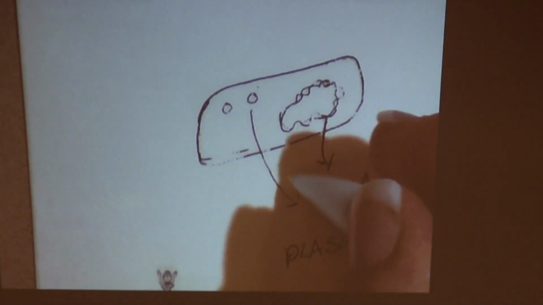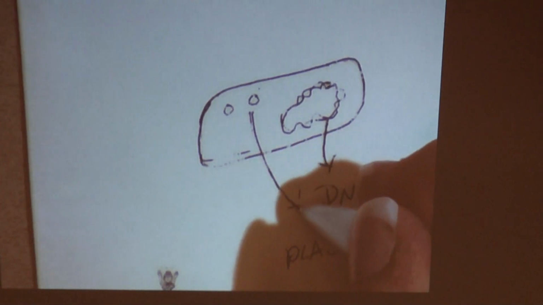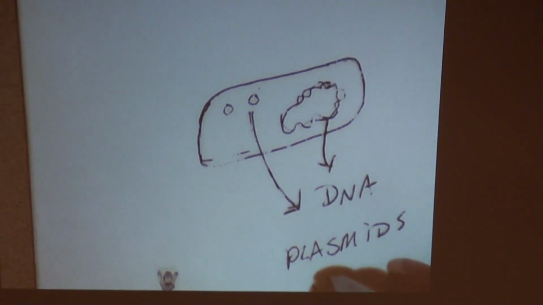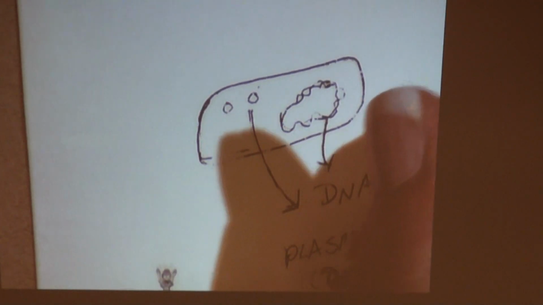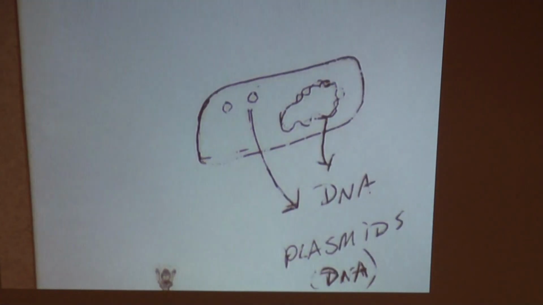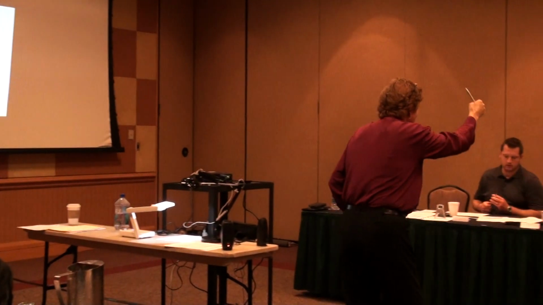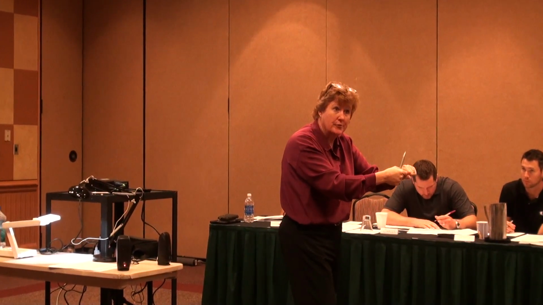Now this will help you with some of your competencies, in the fact that plasmids are also DNA. These are the ones we remove from a bacteria, and we can insert a human gene, such as a gene for insulin or a gene for growth hormone.